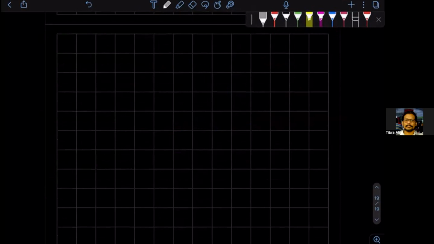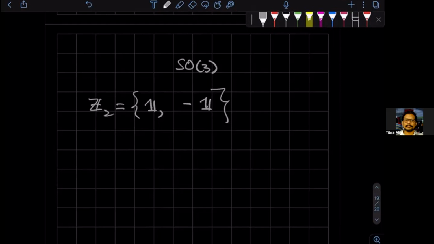And the interesting thing about SO3 is that there are only two types of maps: the maps which can be shrunk down to a point, and maps which cannot be shrunk down to a point. So together they form a Z2 group. Okay, so that was a very, very hand-waving explanation of homotopy group. Are there any questions?